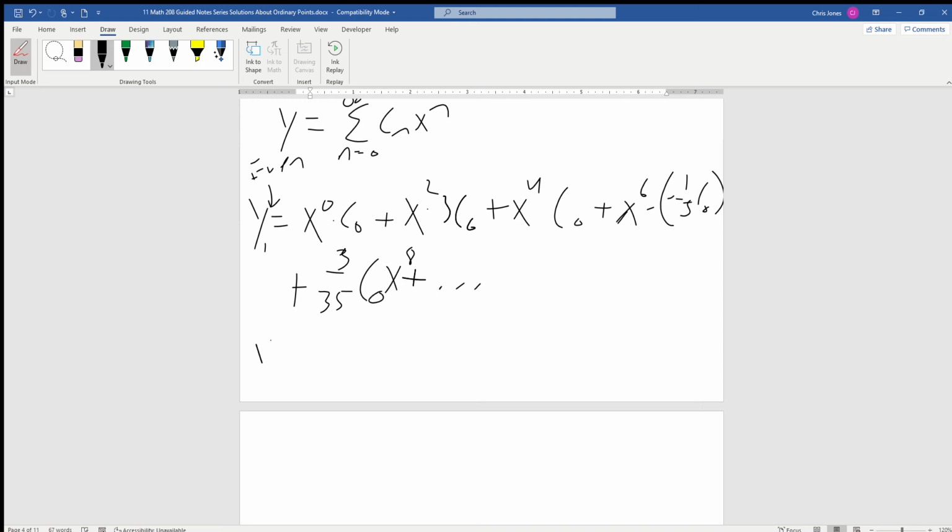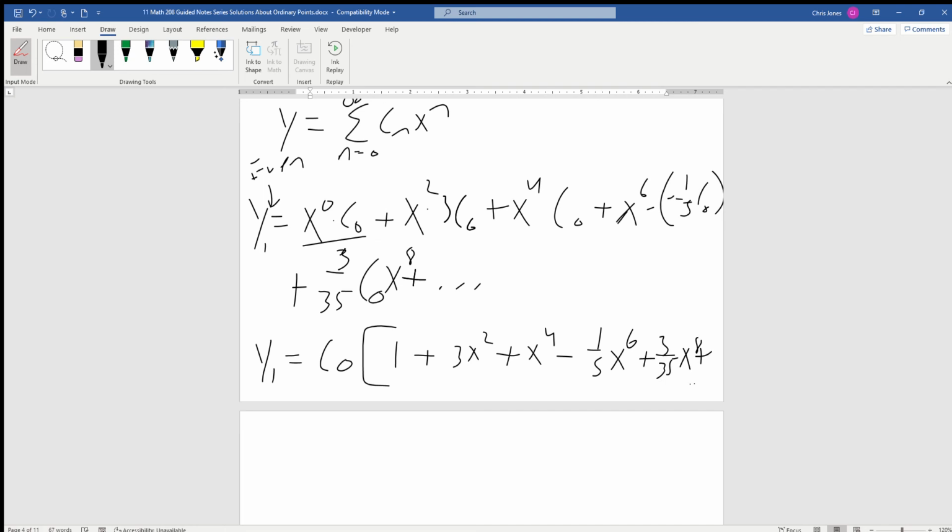So, one solution that we get, if we simplify all this stuff, is going to be C naught times the quantity of, if we factor that out of here, 1 plus 3x squared plus x to the 4th minus 1/5 x to the 6th plus 3/35 x to the 8 plus ... All right, we're not sure what comes after that, but there's a pattern that's going on.